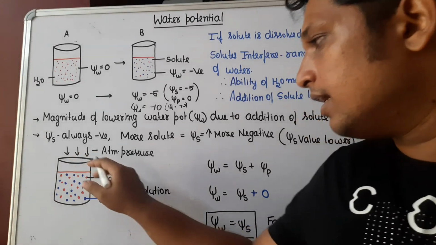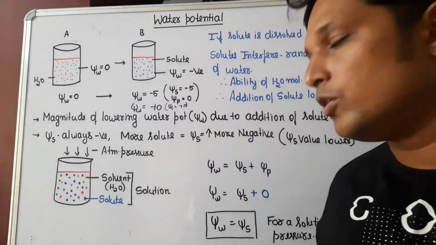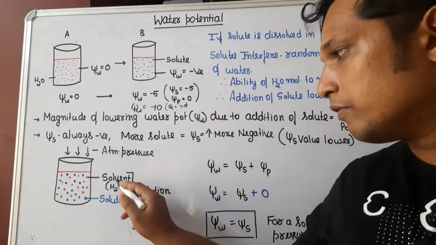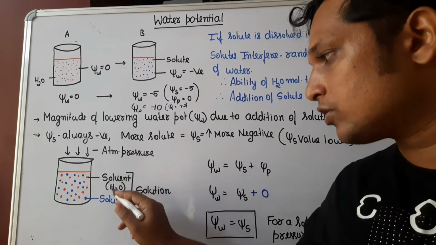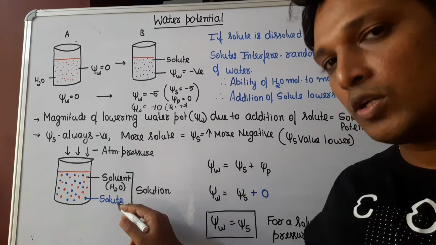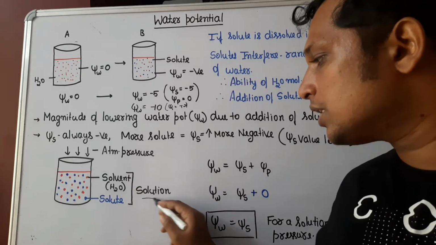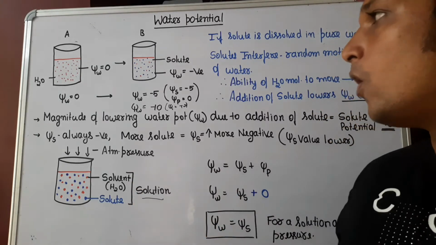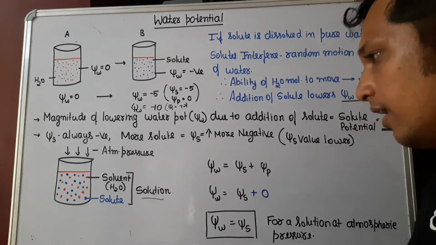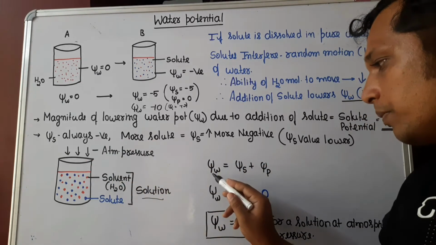Now let us take a beaker. In that, let us take a solution. What is a solution? A solution is one which has solvent and solute. Solvent in this case is water. Solute can be anything. For a solution, what is the water potential? Let us calculate. Now pressure is atmospheric pressure.